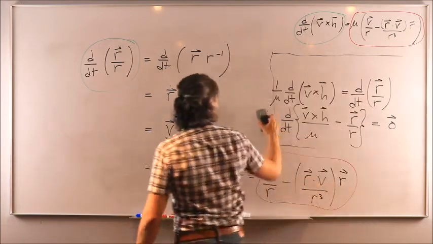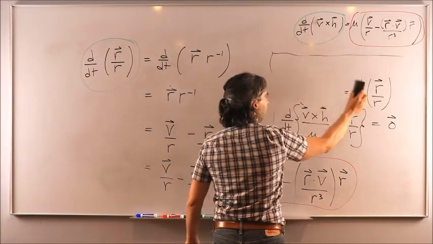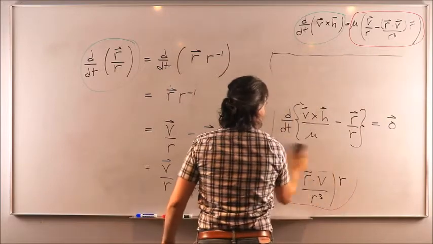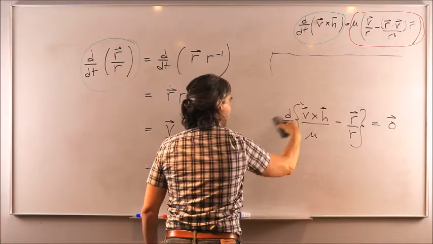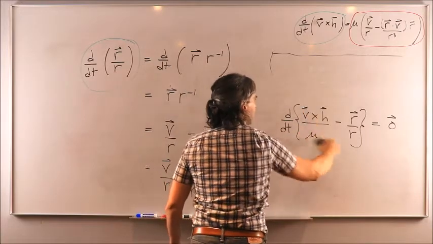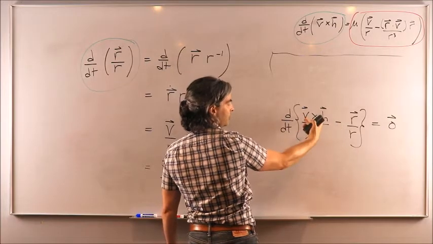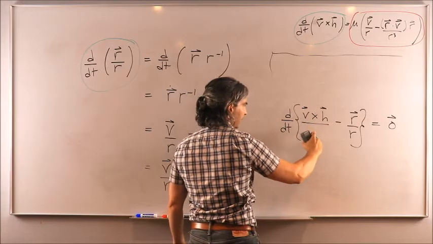So the time derivative, I'm going to erase this because this is getting not too clean. Okay, so the time derivative of a given vector, because this is a vectorial operation, right? Cross product of two vectors gives you a vector divided by a scalar. It's still a vector. And same thing here.